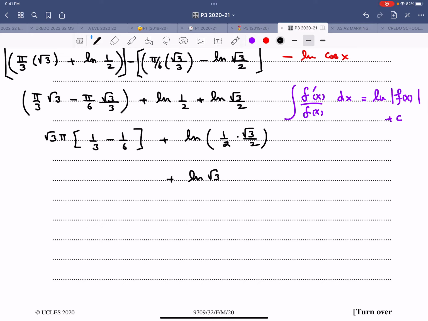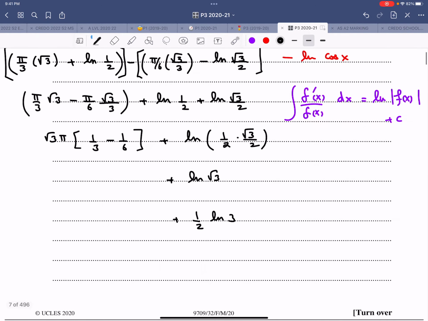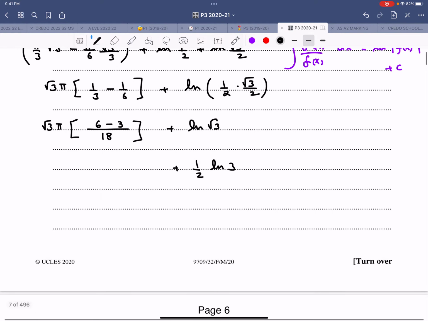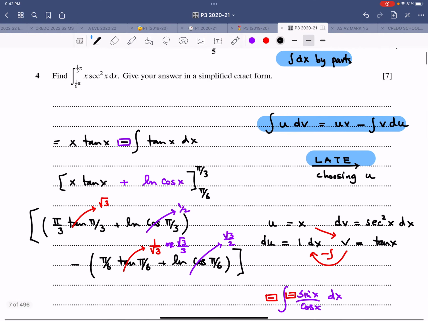And this can also be written as half ln 3. And plus minus sign, I'll take care of it at the end again, double checking. 3 and 6 is 18. So this is 6 minus 3. So therefore this is 3 at the top, 18 at the bottom. That is root 3 and pi and 3 over 18. And this is half ln 3.